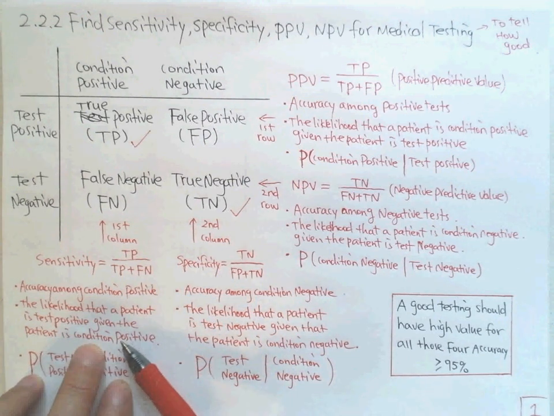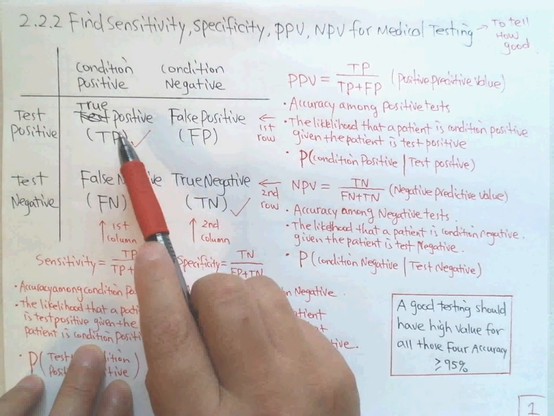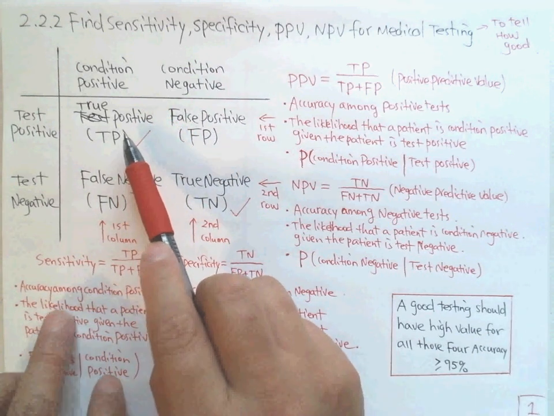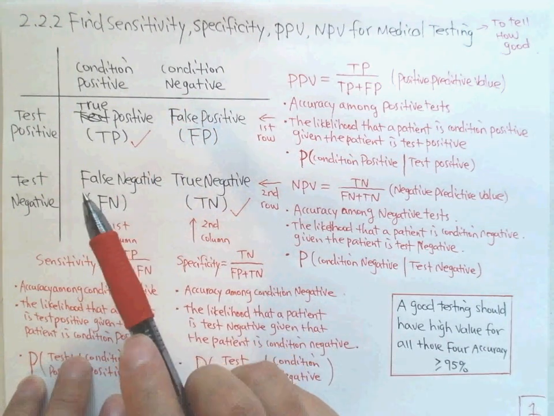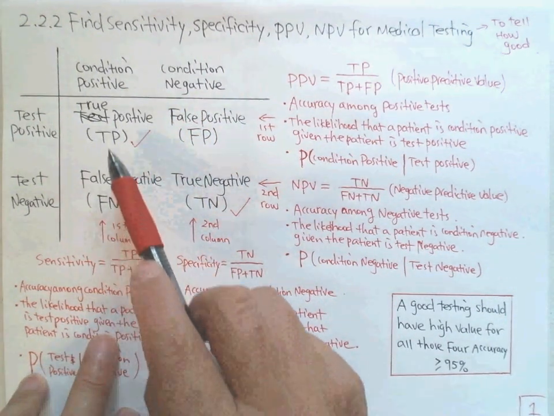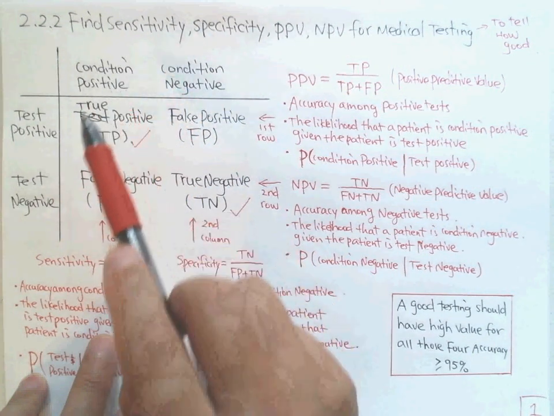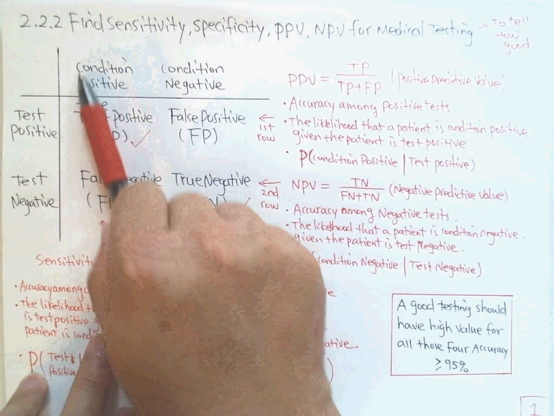That means, given a person going to the test, what is the chance, the probability, of being identified correctly? When we use probability, this time it is given, because the patient is already condition positive. We don't look at condition negative, we only look at condition positive.